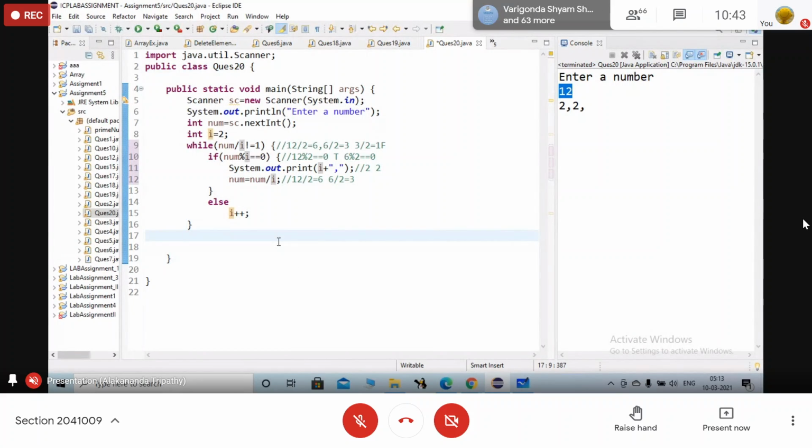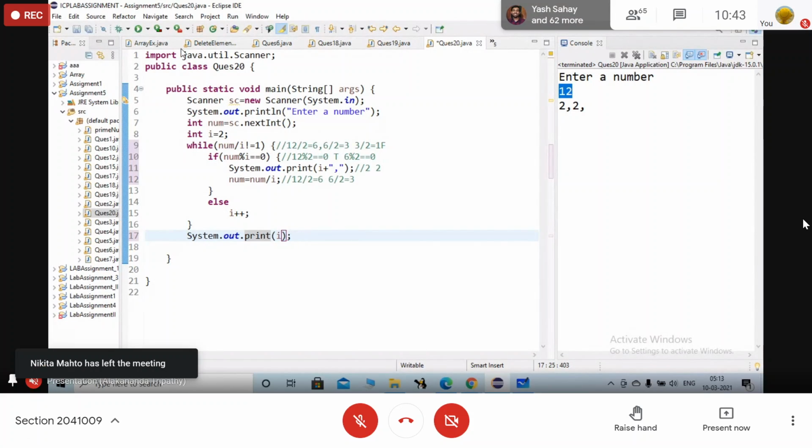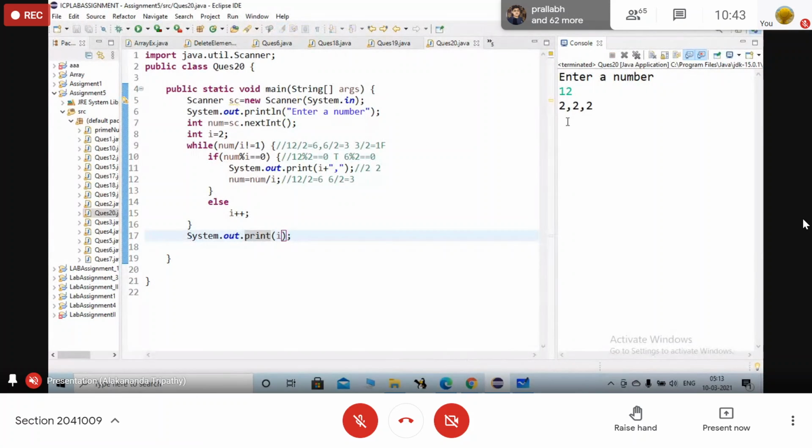So can I write it outside the loop? System.out.println I. यहाँ पर I अपडेट नहीं हुआ है क्या? Here number divided by 3 divided by 2 is 1. Here I made the mistake.